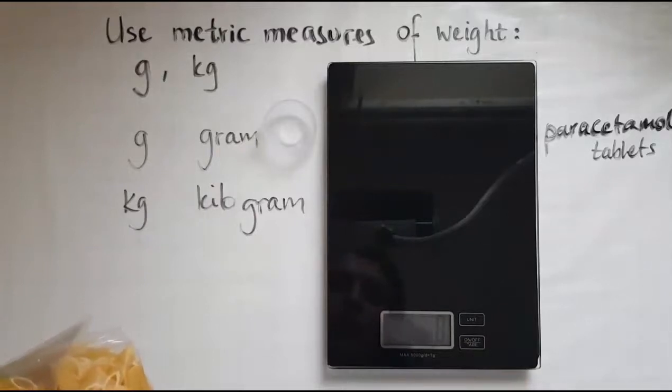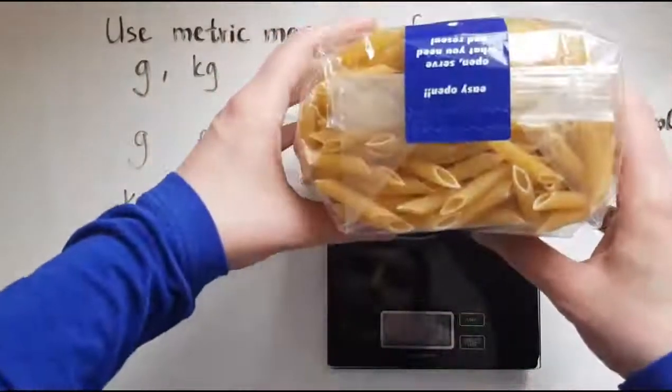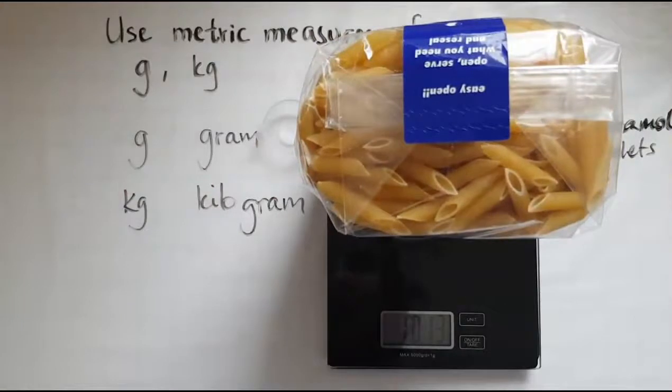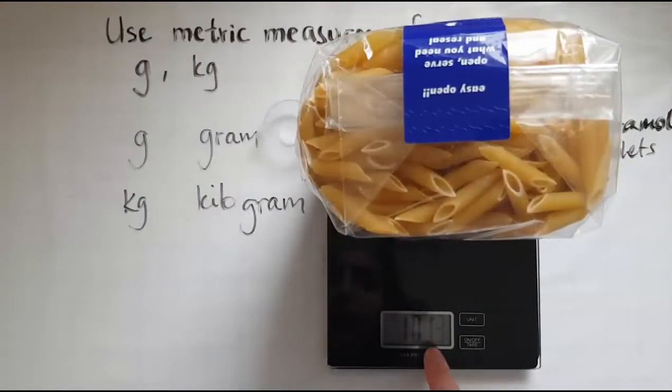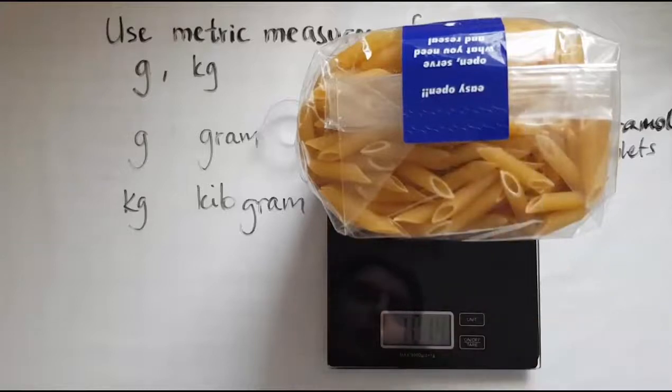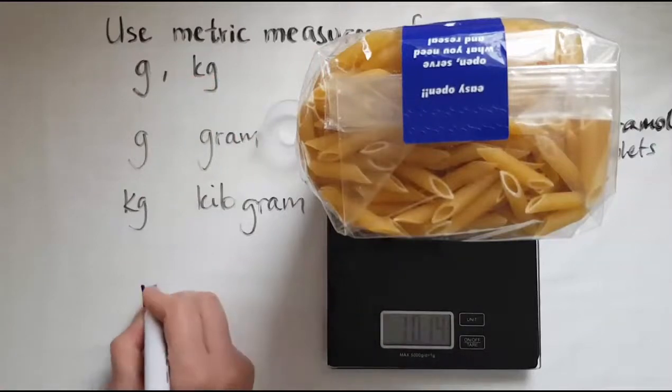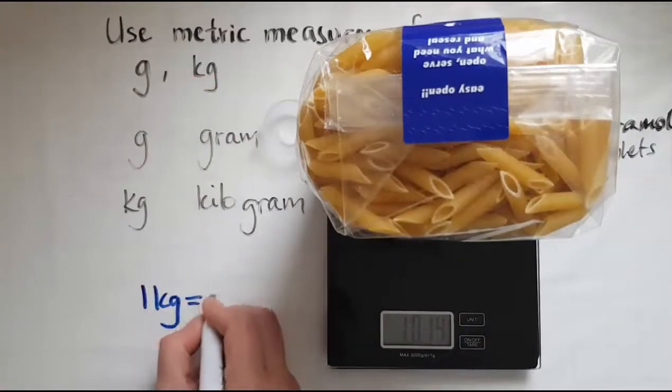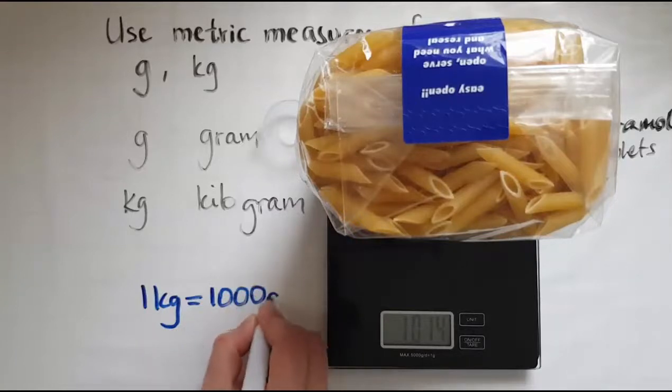We've got the right units, which is kilograms, so grams and kilograms. If you look at it, it is about 1,000, which is how much a kilogram is. So this weighs a kilogram, and 1 kilogram is actually 1,000 grams, as the scale shows.